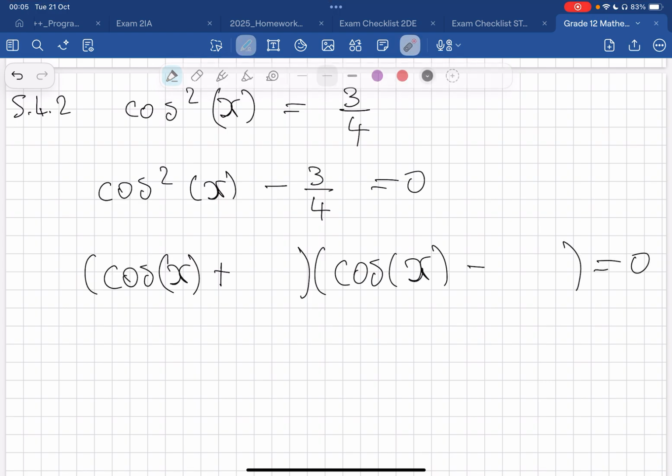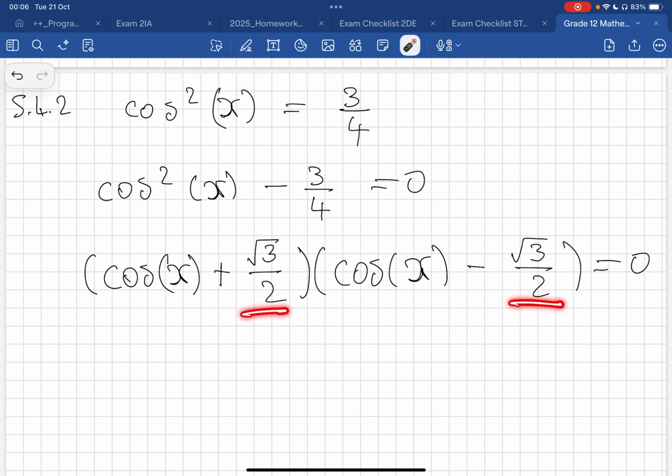So I could just have root 3 over 2 and root 3 over 2, because root 3 over 2 times root 3 over 2 is going to be 3 over 4.